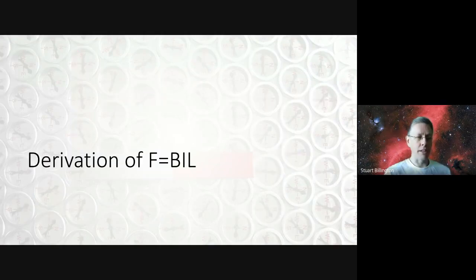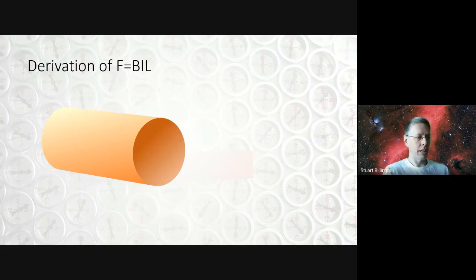Given that the deeper level of understanding here is that each charged particle separately experiences a force while moving, we can now add up all of the forces on all of the charged particles to work out the overall force on a wire. So you should be able to do this. Here's a little tiny section of wire, and it's got loads of electrons moving inside it.